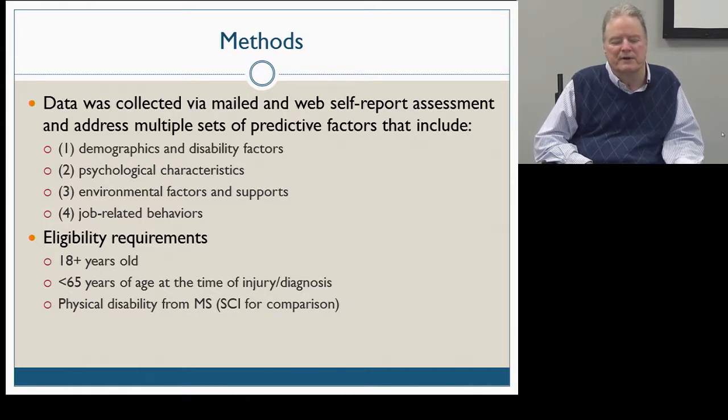Usually there's some period of delay. And so within our work, we needed a reference point. There's nothing as concrete as date of injury with a spinal cord injury, but we utilized the date of diagnosis as the primary variable.